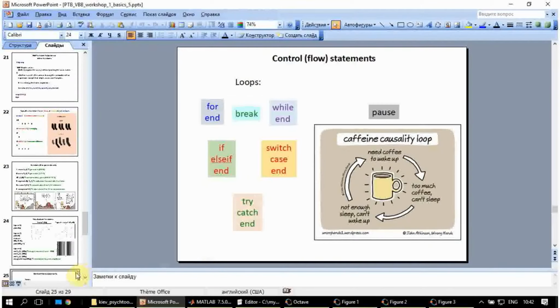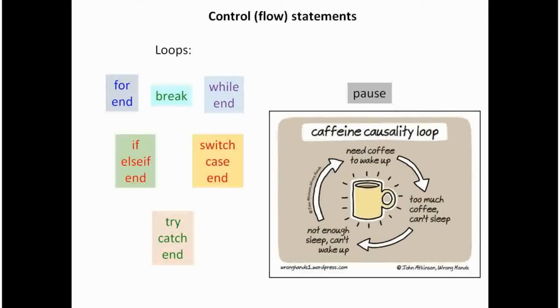And the next topic of today's course is the control statements. The control statements or loops are very important. If you do an operation just once, and if this operation is unconditional, you do it anyway each time you run your program, then you don't need a control statement.